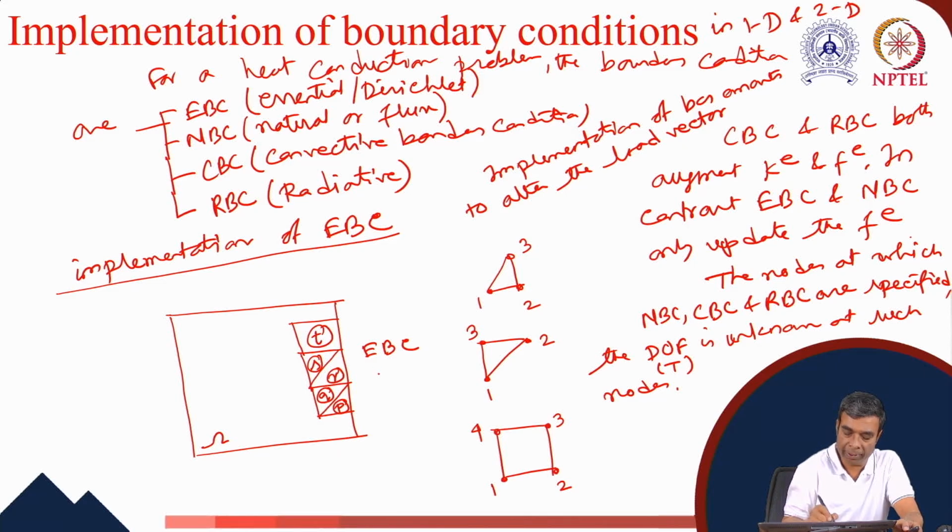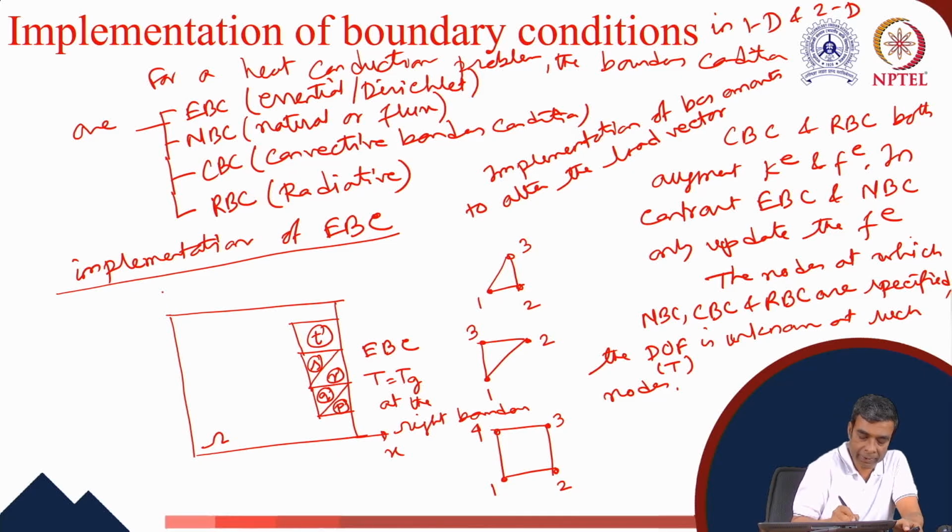Now let us consider T equals to Tg at the right boundary. So this is our x-axis. This is the y-axis. So this is gamma g, and this total boundary is gamma.